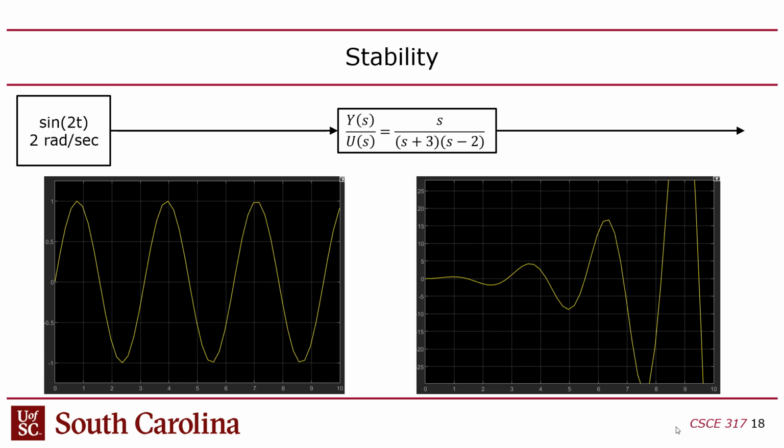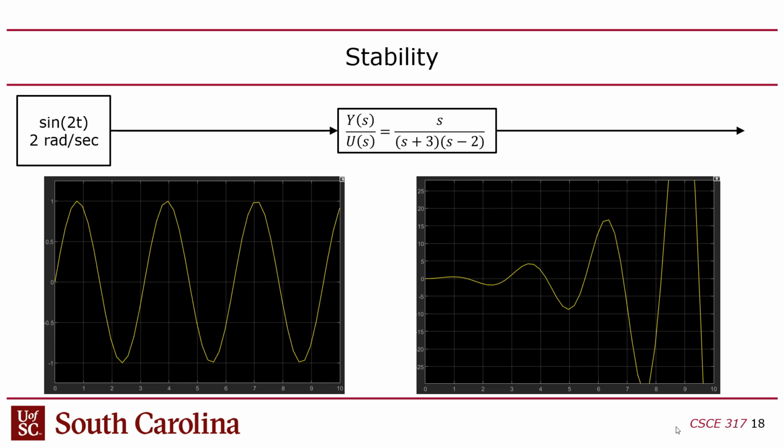And then instead of a step or an impulse, you can give it a single frequency. But like I said, certain frequencies could be fine, even with this function, right? The reason we use a step or an impulse is because all the frequencies are there.